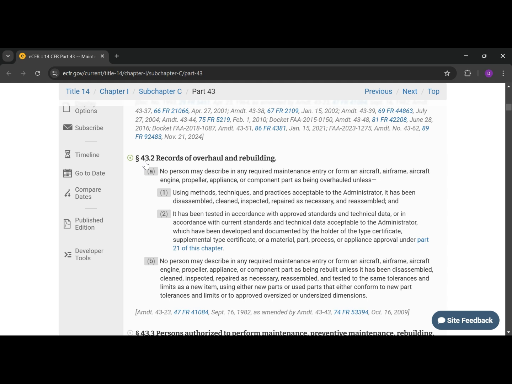So we'll continue here. 43.2 Records of overhaul and rebuilding.